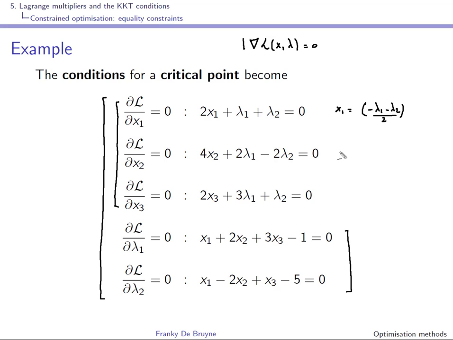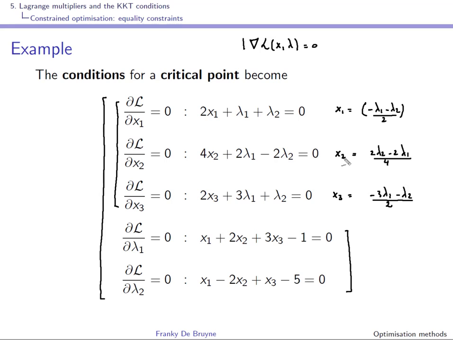You do something similar for x2. You'll have 2 lambda 2 minus 2 lambda 1 over 4, and you'll do something similar for x3. So this will be minus 3 lambda 1 minus lambda 2 over 2, right?